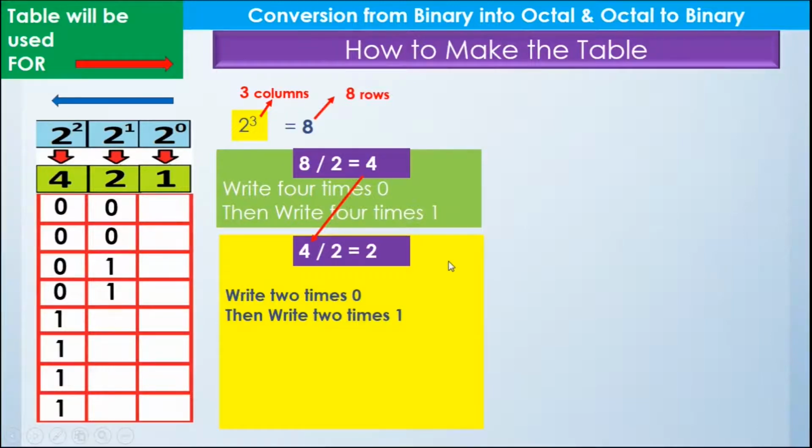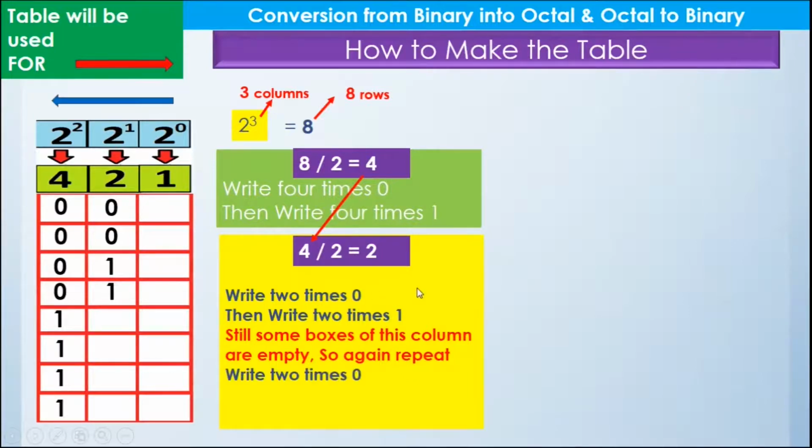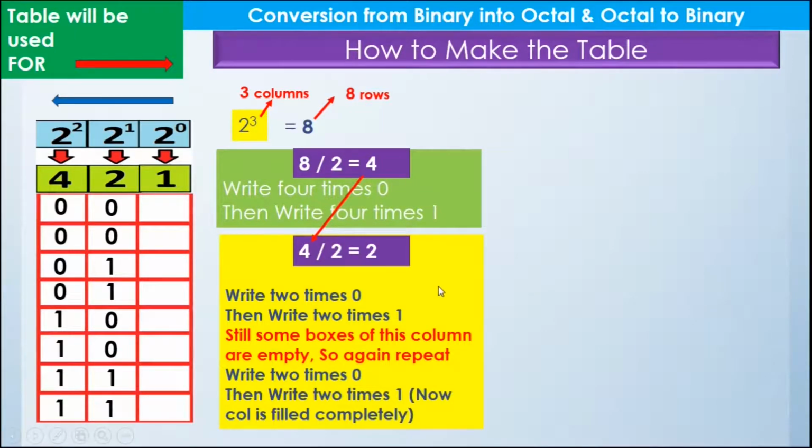So 2 ones come here. Still some boxes of this column are empty. So again repeat. Write 2 times 0, and then write 2 times 1. Now the column is completely filled, so we will move to the next column.